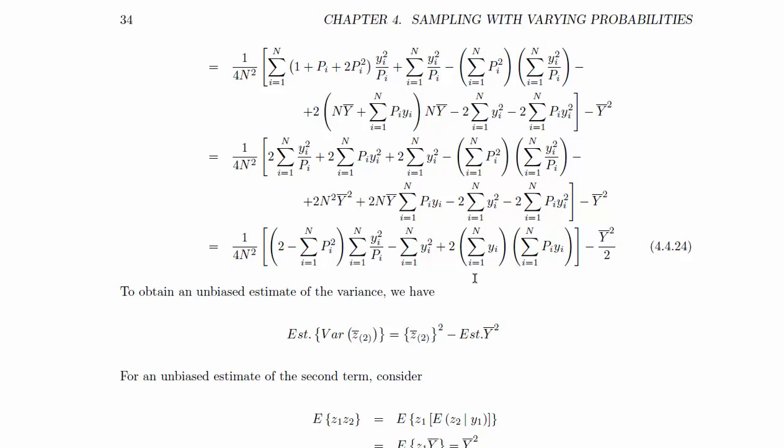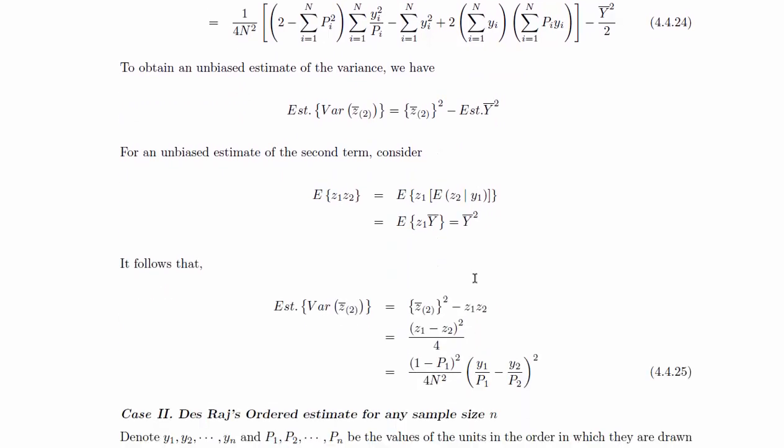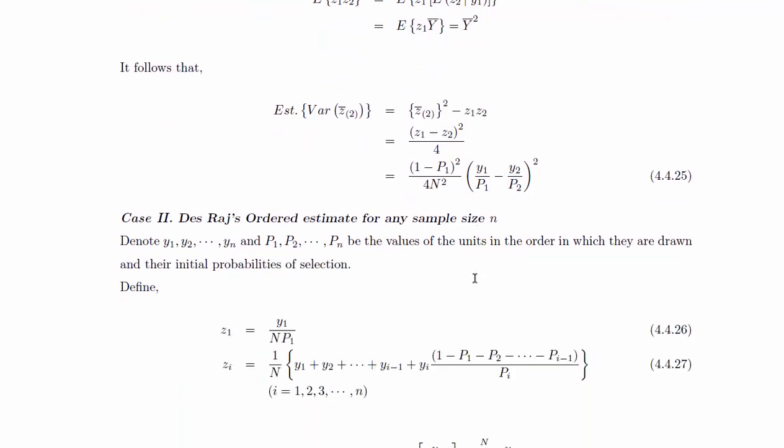So this puts a limitation in using the probability proportional to size without replacement sampling scheme. Now we find the unbiased estimate of the sampling variance like this. The estimated variance is 1 minus p1 whole square by 4n square into y1 by p1 minus y2 by p2 whole square.